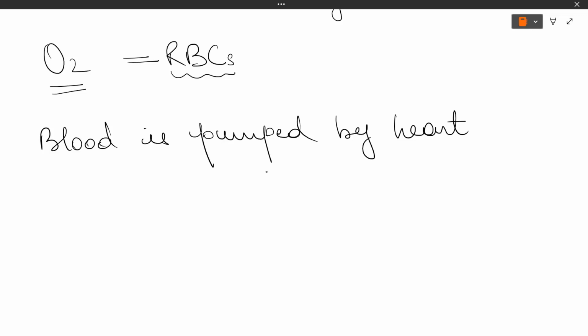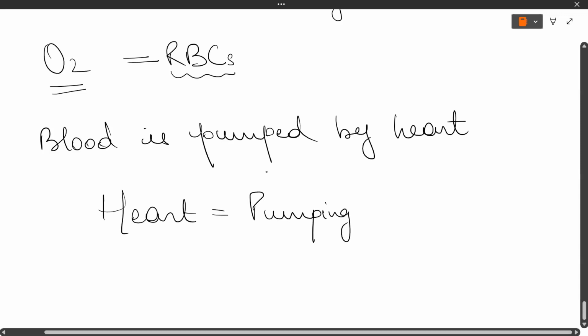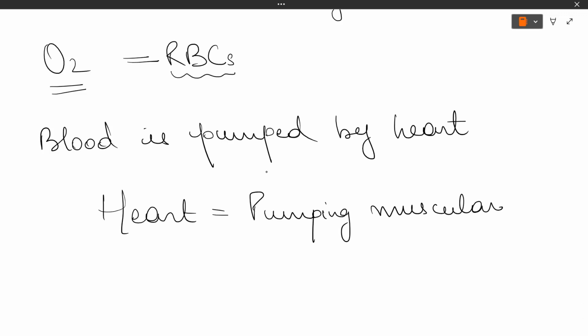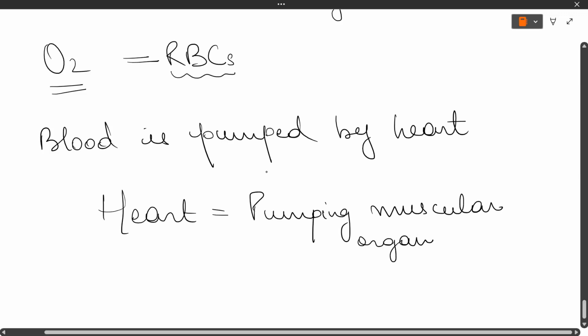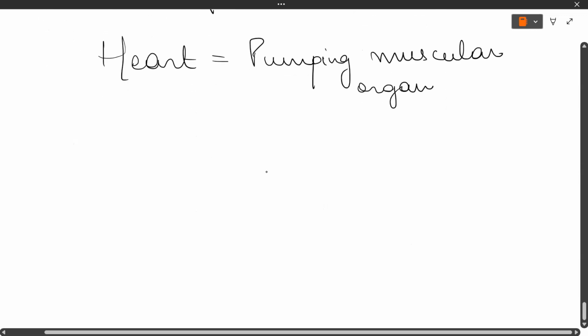So the heart is a pumping muscular organ. It is an organ that is responsible for pumping. And what does it pump? It pumps the blood.